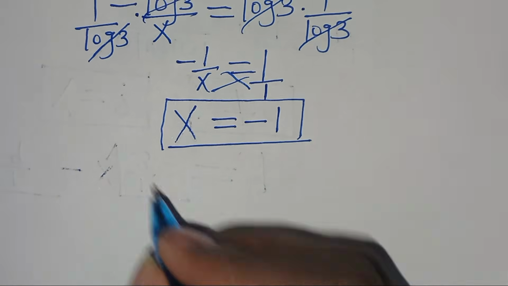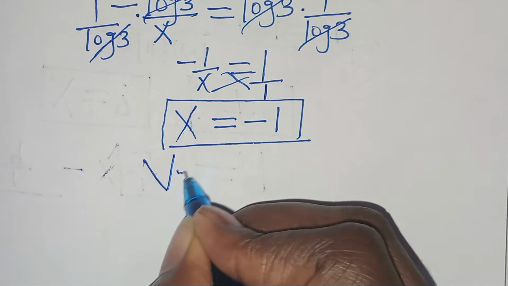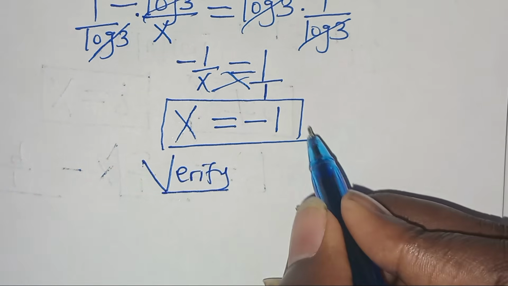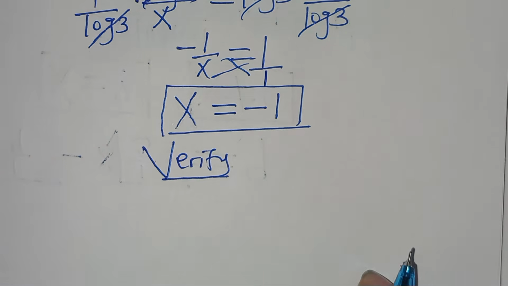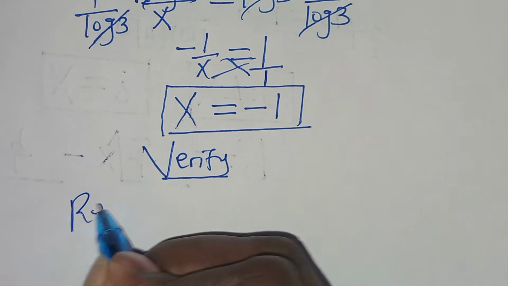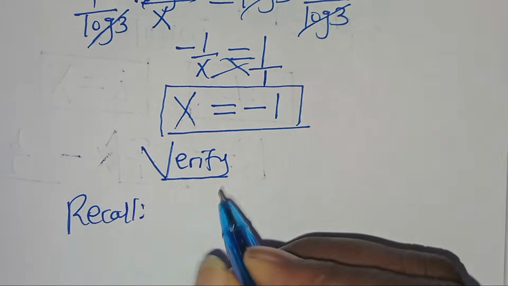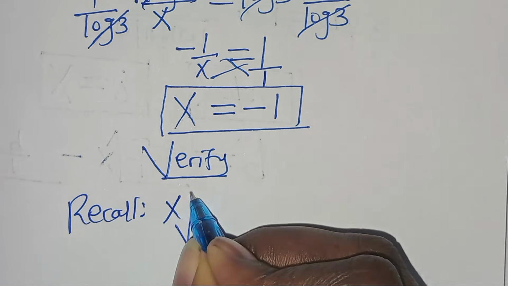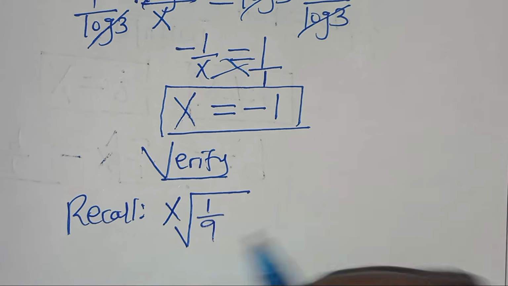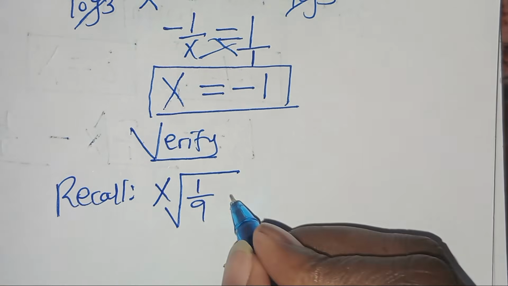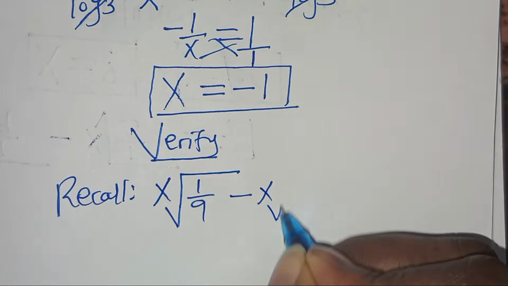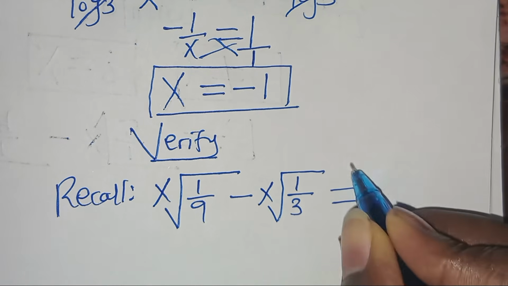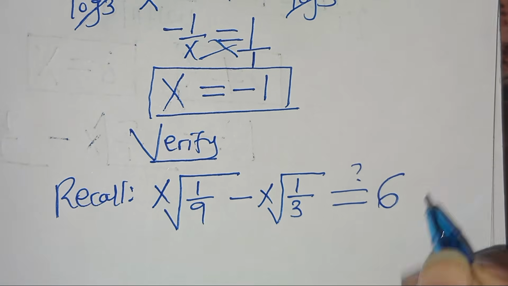Now, the next step here is to verify that this value of x, which is minus 1, satisfies the equation. If you recall, we have that the x root of 1 over 9 subtract the x root of 1 over 3 is supposed to give us a value of 6.